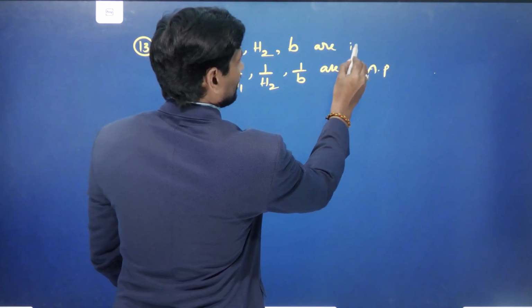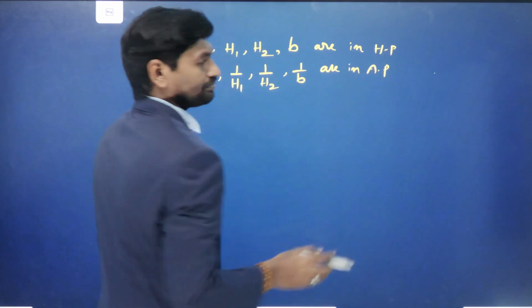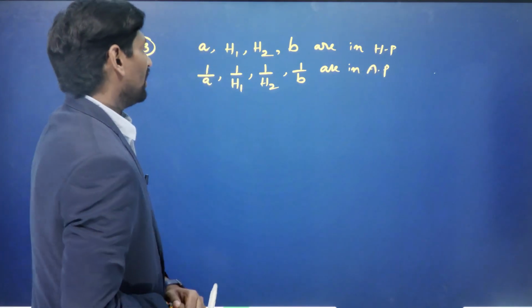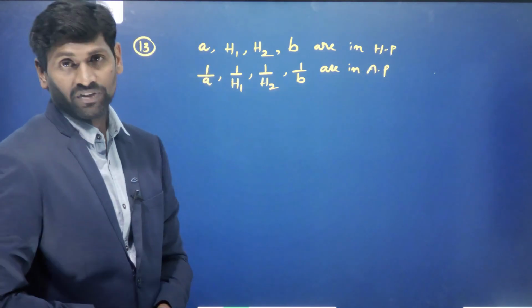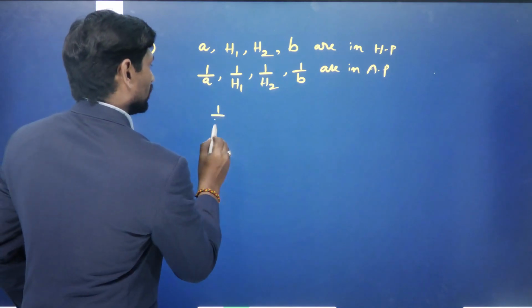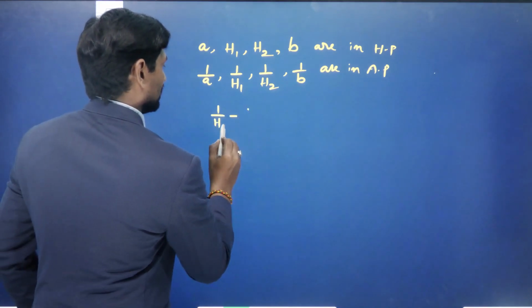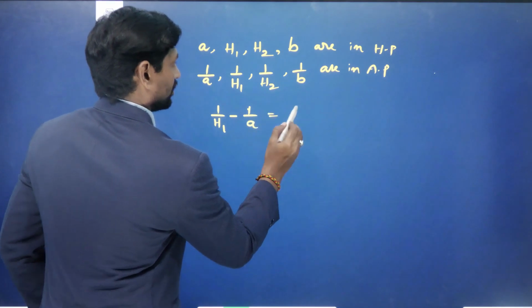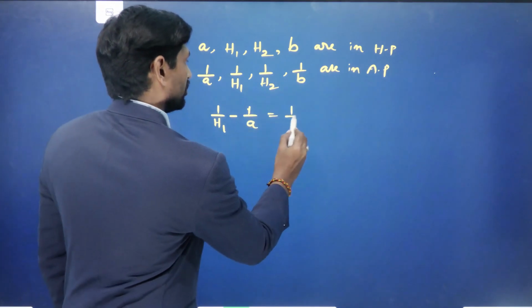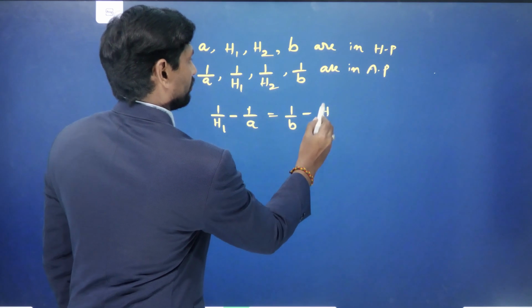These are in harmonic progression. Apply that arithmetic progression, common difference is same. That means 1 by H1 minus 1 by A equals 1 by B minus 1 by H2.